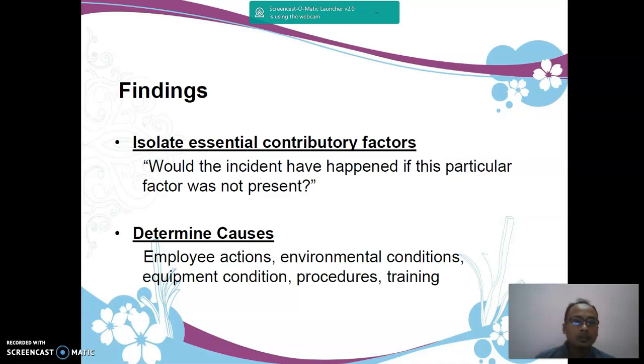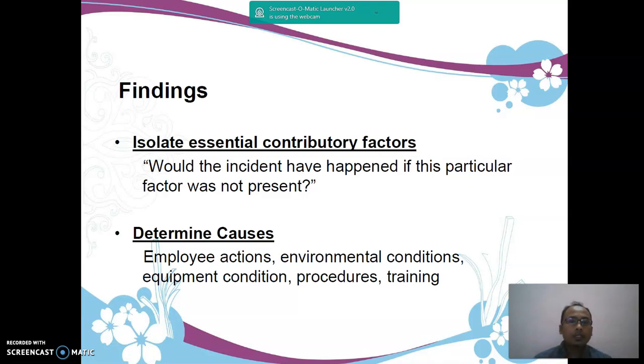And now, based on the findings you got from the investigation, the first thing you have to do is isolate the essential contributory factors. This is how you can isolate them. Ask this question: would the incident have happened if this particular factor was not present?